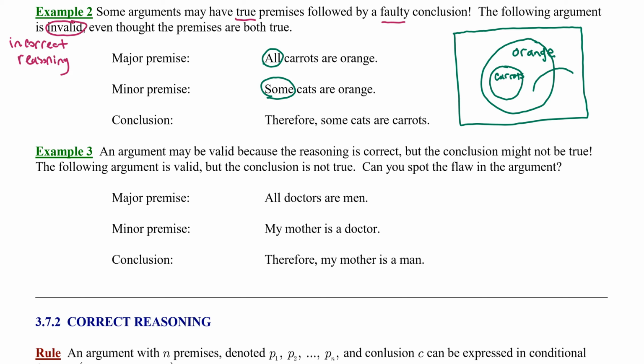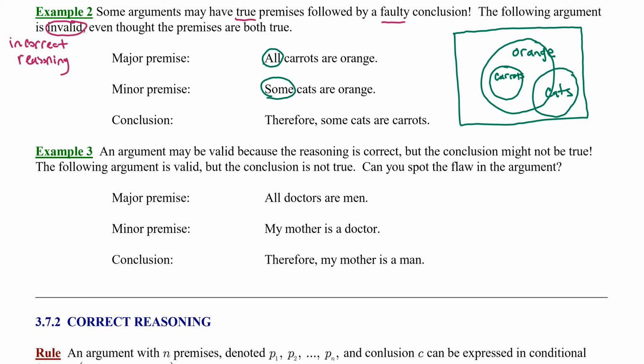Cats can be orange, but we know cats are not carrots. So we're going to construct the cat circle so that it overlaps the orange circle, but not the carrot circle. So both of our premises are correctly illustrated on the Euler diagram or the Venn diagram. Neither has been violated. Now we can test the conclusion.